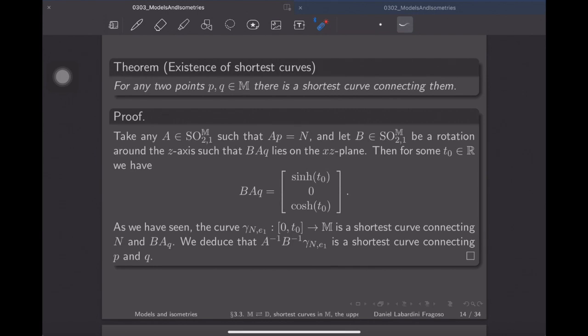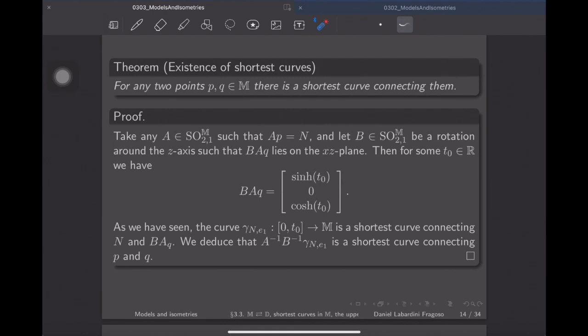In the xz plane I already found a shortest curve, and then I map back. So that's the argument. Part of the argument is that rotations around the z-axis really belong to the restricted Lorentz group, but this was an exercise that I left last time.